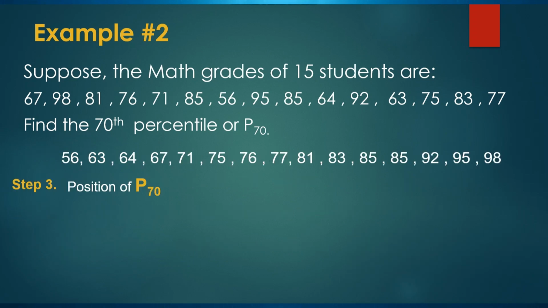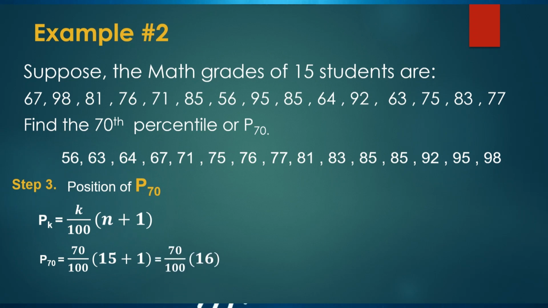Step 3, locate the position of P70. So using the formula, P70 is equal to 70 divided by 100. Our n is 15 because 15 students. 15 plus 1 is equal to 16.